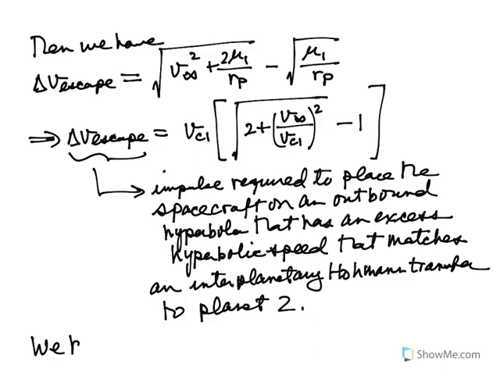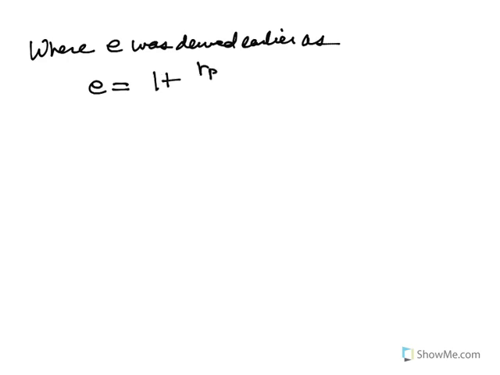So we know that beta is equal to the inverse cosine of 1 over e, where e was derived earlier, just so we don't have to go back through all those pages, as e is equal to 1 plus rp v infinity squared, all divided by mu 1. So that takes care of everything with regard to planetary departure.